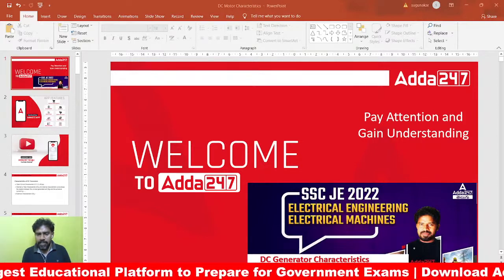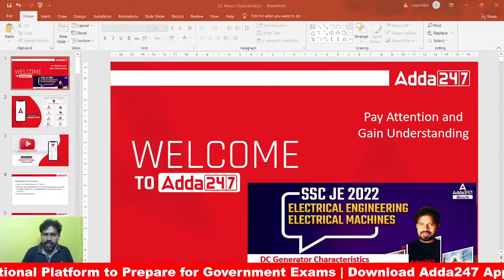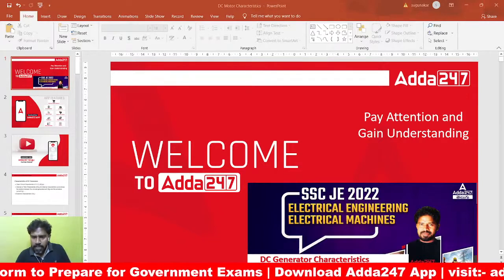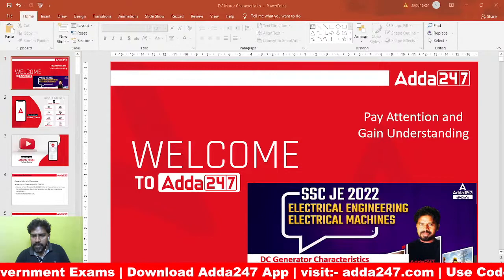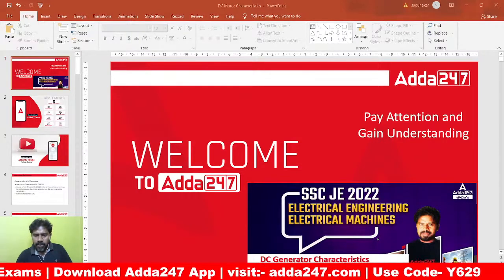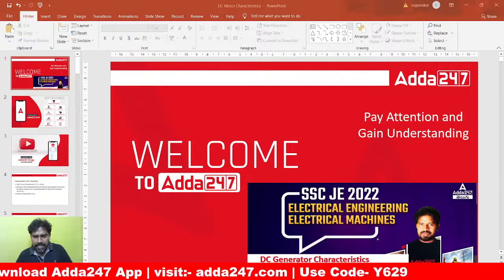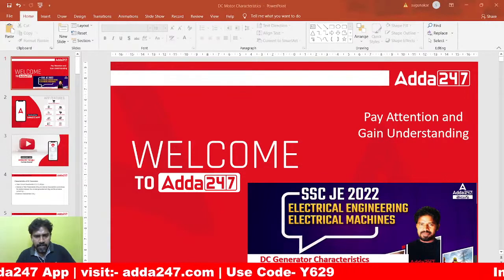So in the examination they will give you curves like this, labeled A, B, C, suppose. They will ask, what is the external characteristics for the given curve?